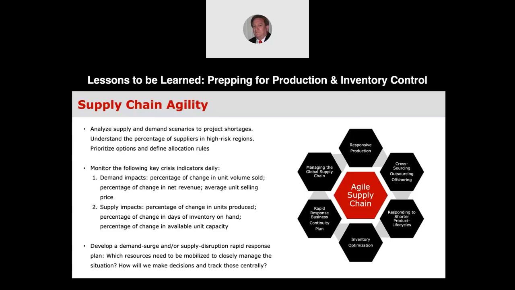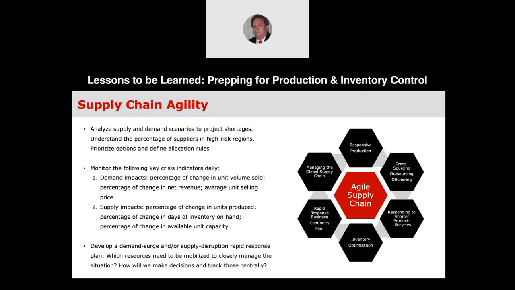Again, we'll definitely be getting to the mathematics and statistics. We'll look at a lot of this, and develop a demand surge and supply disruption rapid response plan. This is the business continuity plan. Again, we won't cover that too much here unless I get extra time at the end, which hopefully we will.